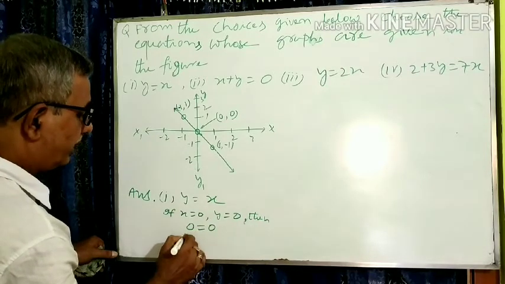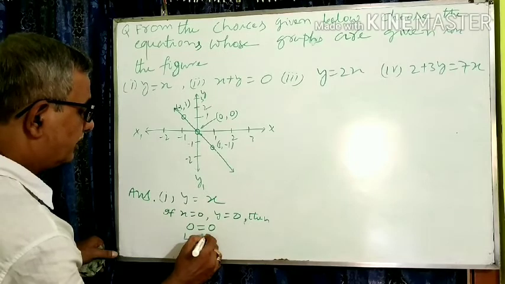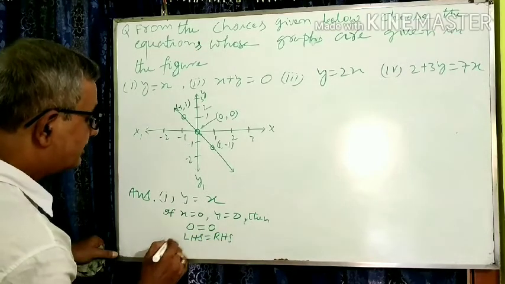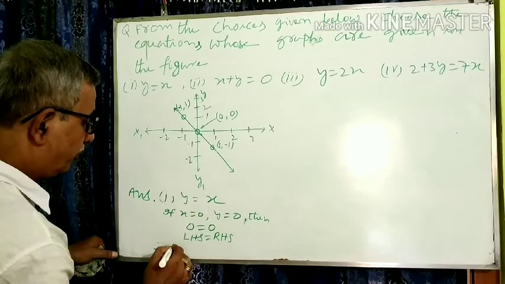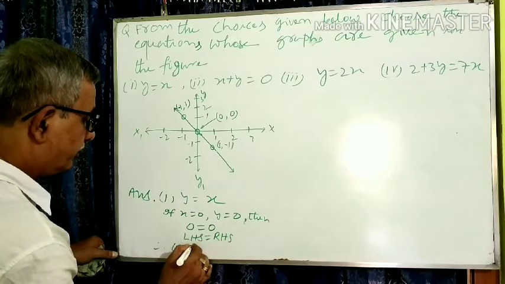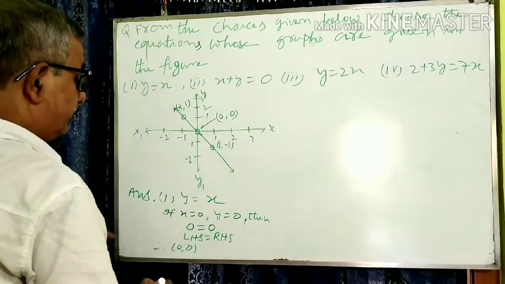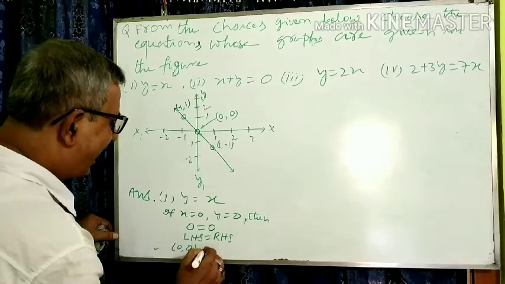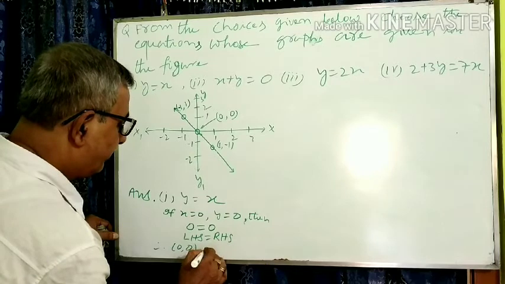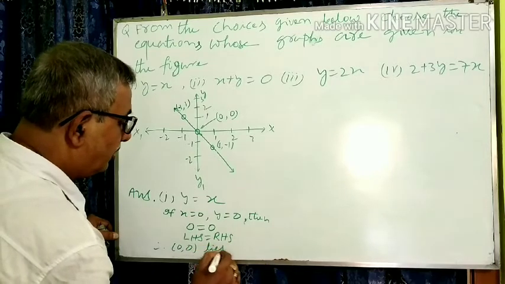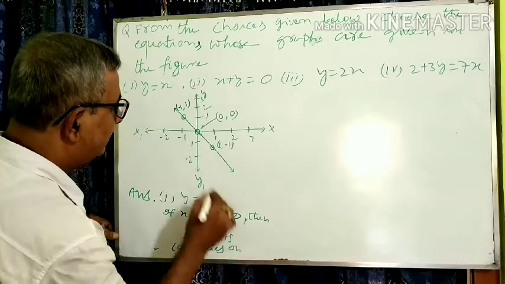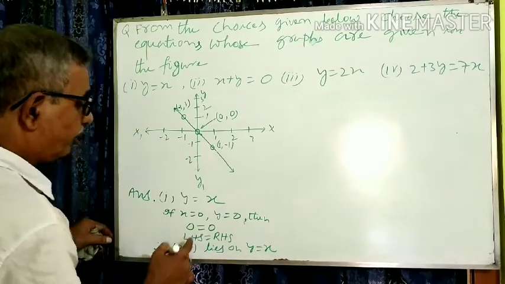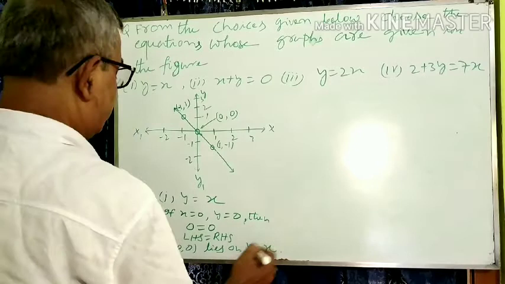So you see LHS is equal to RHS. That means 0, 0 satisfies this line, means lies, in short I am writing, lies on y is equal to x, because LHS is equal to RHS.